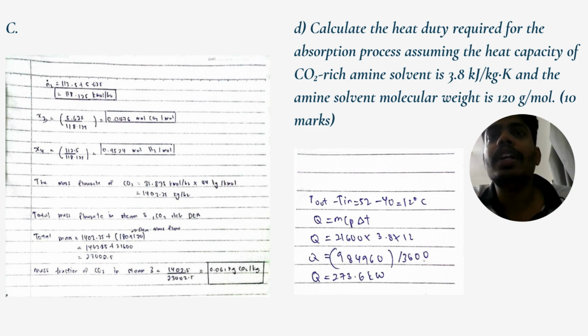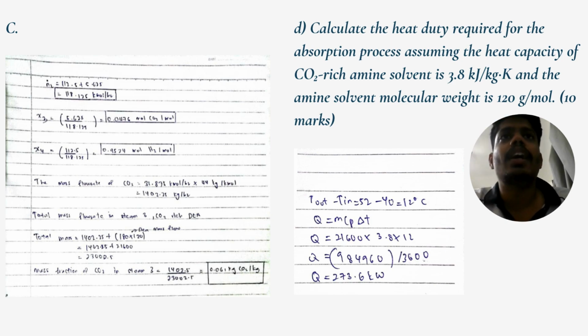So we'll add it up with the mass flow rate of CO2, and we got the total mass flow rate of stream 3 as 23,002.5. Then we will calculate the mass fraction of CO2 in stream 3, which is 1402.5 divided by 23,002.5, which is equal to 0.061 kg CO2 per kg. So we already answered all the questions they asked in C.